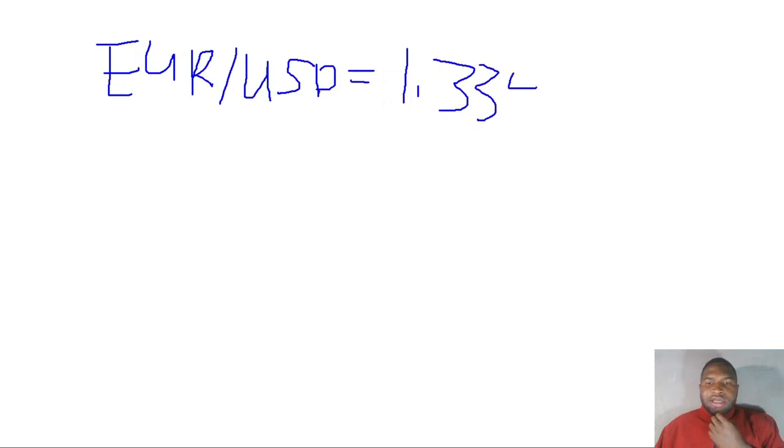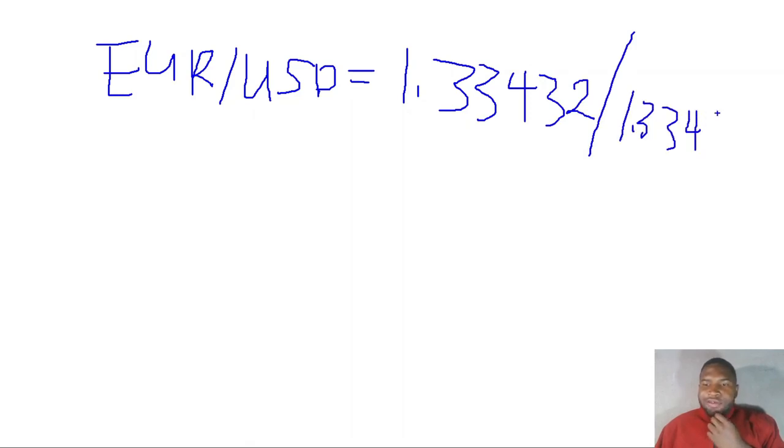If we are to try and simplify things for our own good, we might say that when we are quoting currency pairs, we can write something like Euro USD being equal to 1.33432 slash 1.33440.